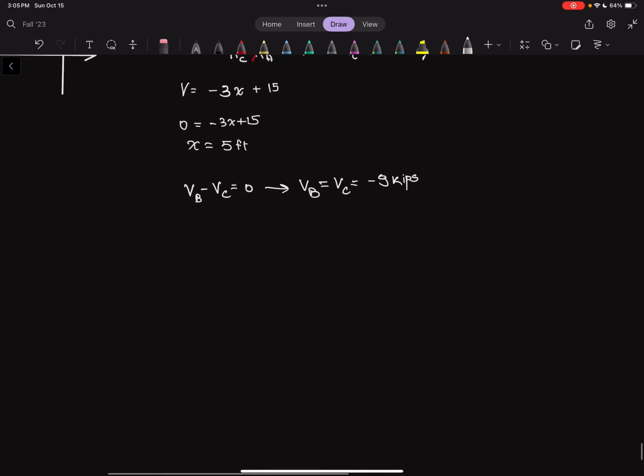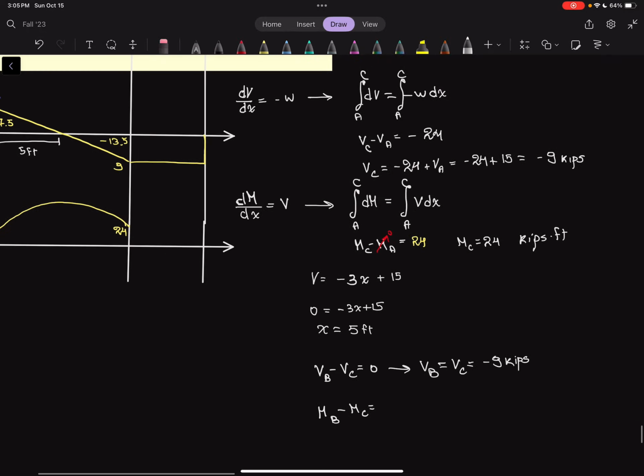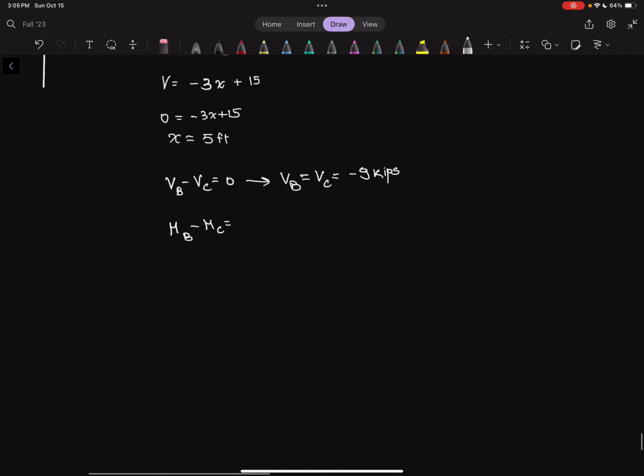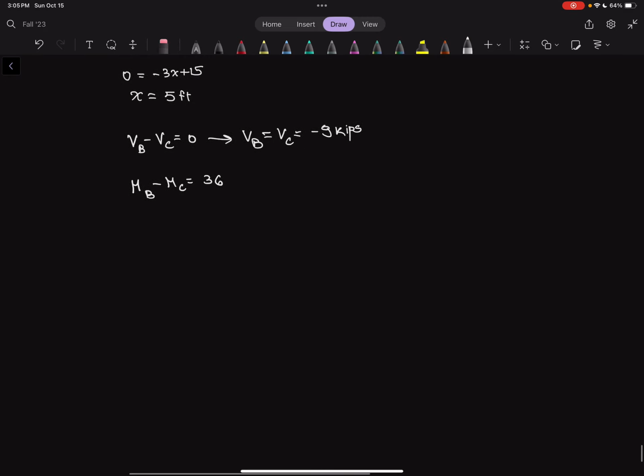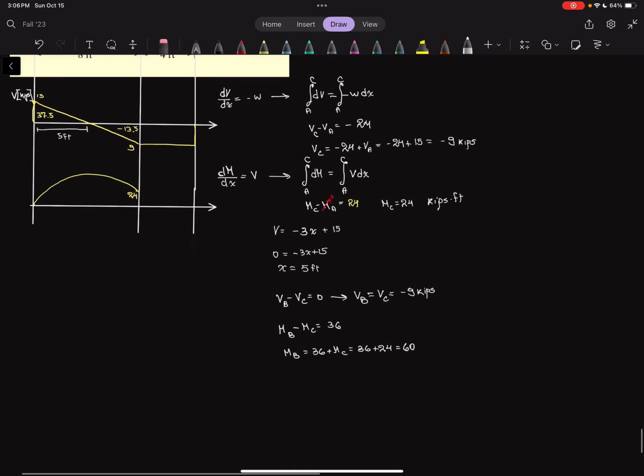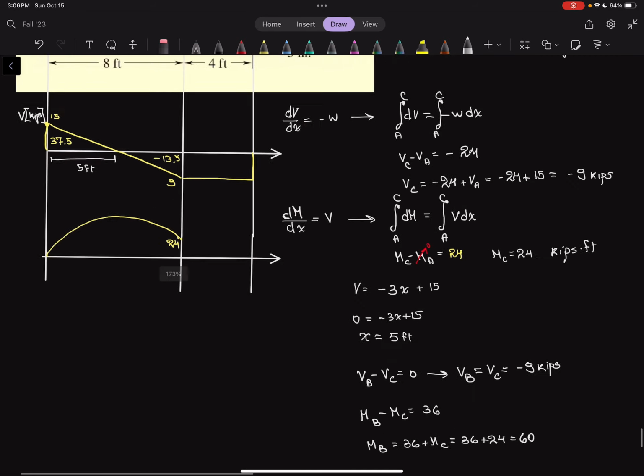And then for M, MB minus MC is equal to the area under this, which is 9 times 4, is equal to 36. And MC, we've already said, is 24. So MB is equal to 36 plus MC, which is equal to 36 plus 24, which is equal to 60, right? 60.